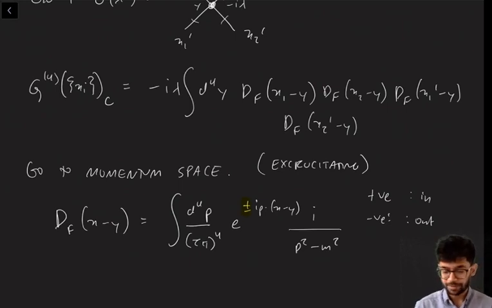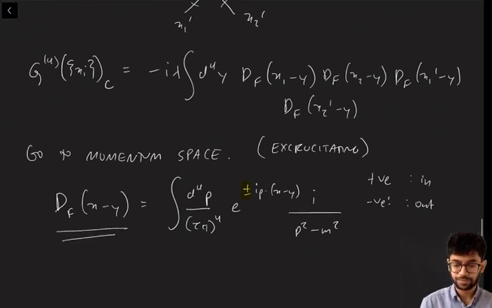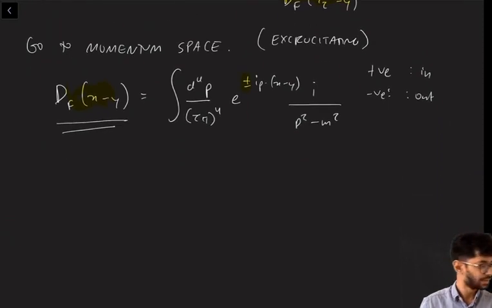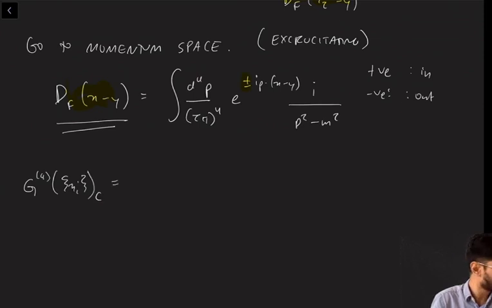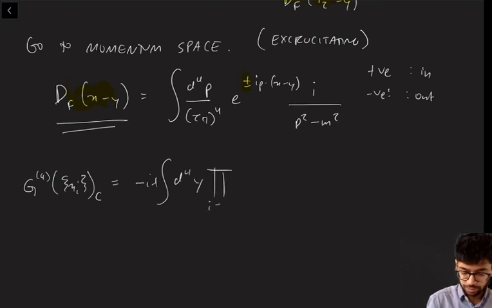So if I insert this representation into each of these propagators, then what I find is that the amplitude becomes G4 of xi connected is, here we go. So first of all, the integral d4y survives. I now have a bunch of new integrals over each of the momenta, and there's a factor of 2 pi to the 4th for each of them.